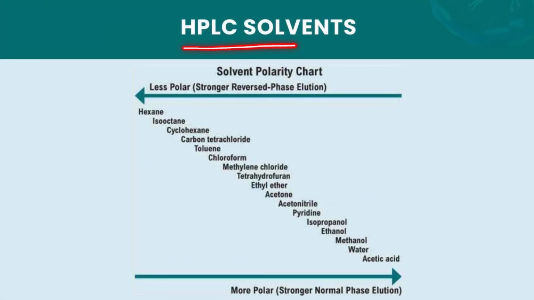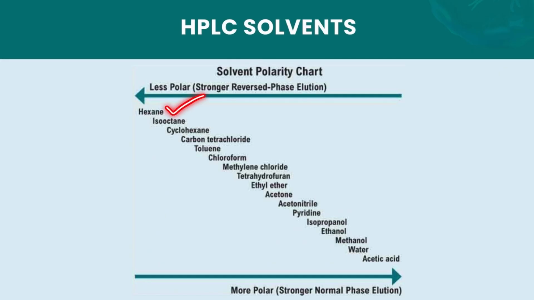This particular slide describes how many HPLC solvents we can use. If we are moving from right to left, then the polarity of the solvents is reducing, and if we move from left to right, then the polarity of the solvents is increasing.